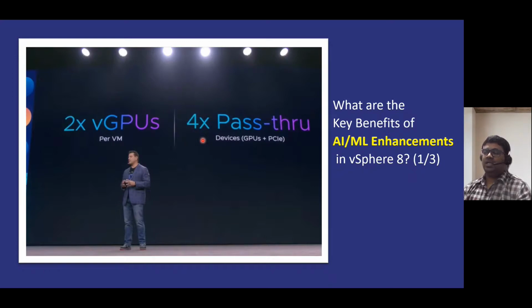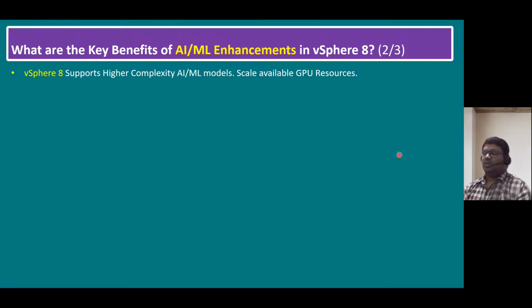That means definitely it's an enhancement, and even those using an existing environment who migrate to vSphere 8 can easily increase the vGPUs and also the pass-through devices. I will explain two more slides about the same enhancement. Another point is that vSphere 8 supports higher complexity AI and ML models and scales available GPU resources.